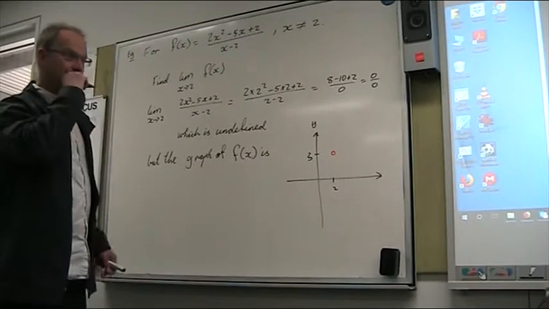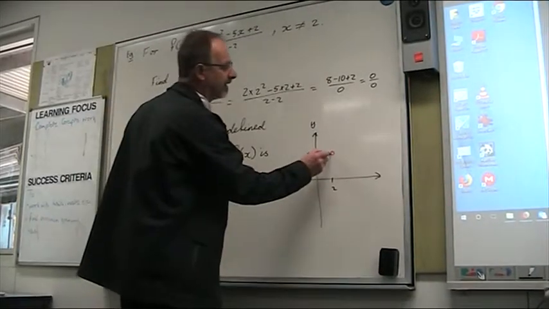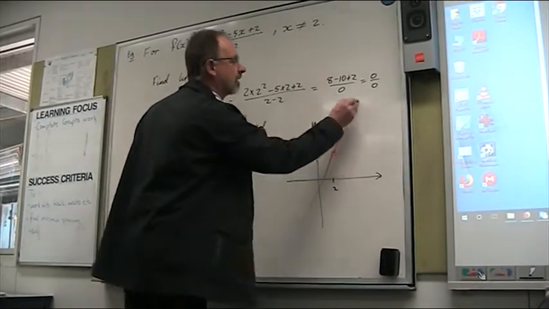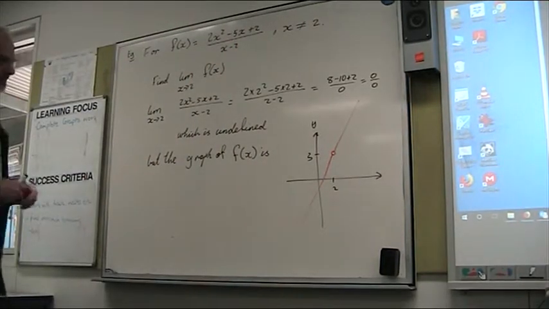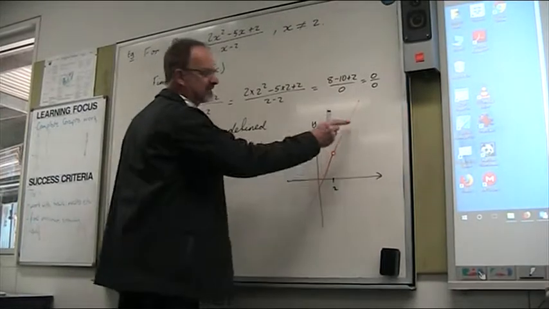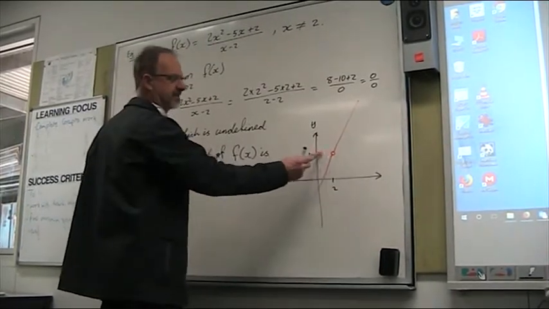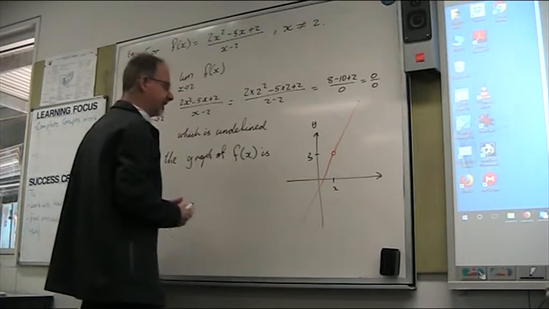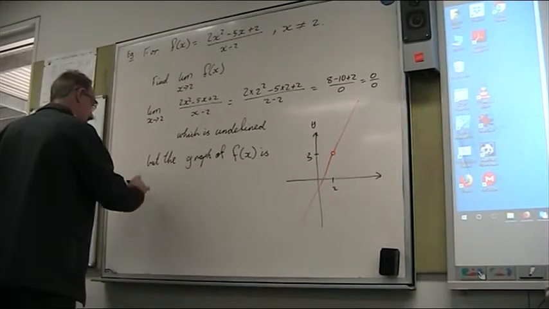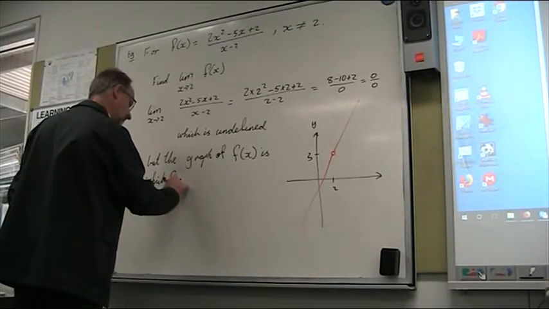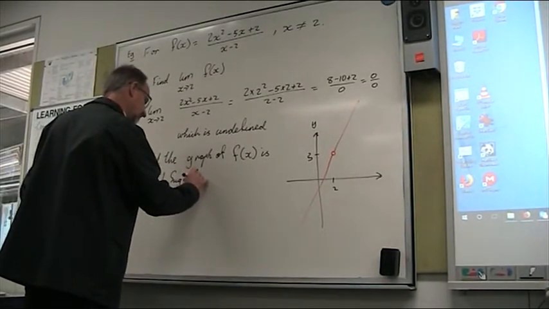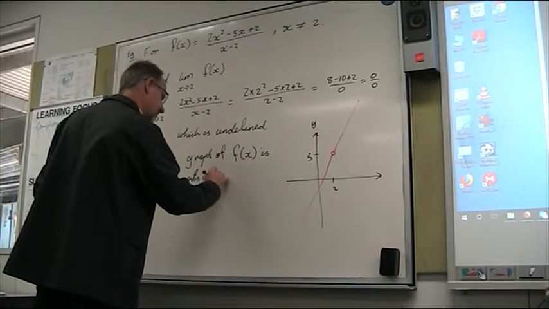We put a circle there, and the rest of the time the graph exists. So our graph is suggesting that a limit does exist and that the limit's 3.